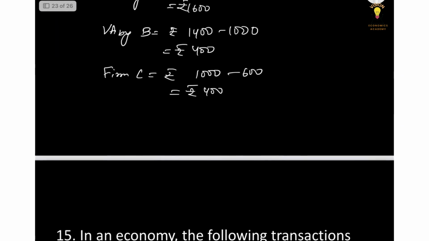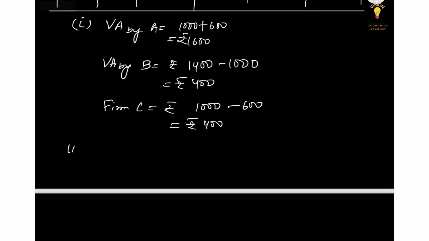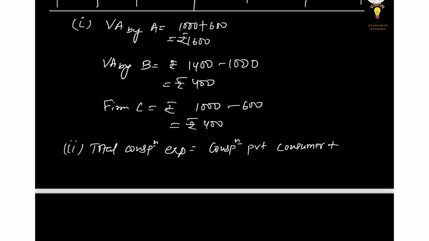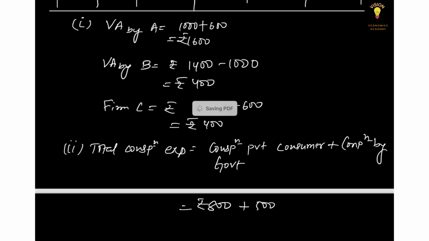So total consumption expenditure equals consumption by private consumers plus consumption by government for public. So that'll give us 800 plus 500, which is rupees 1300.